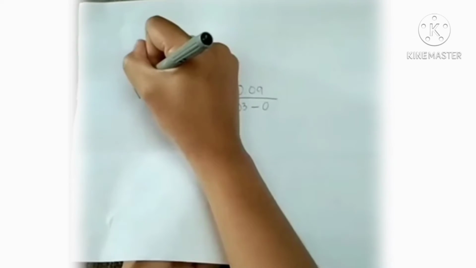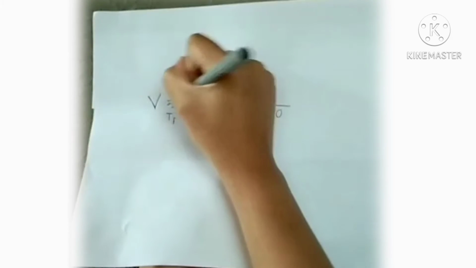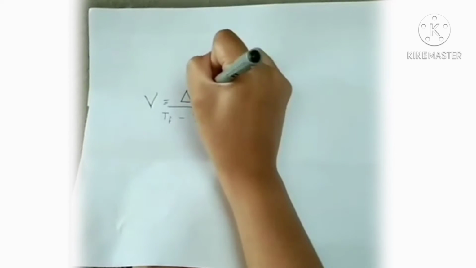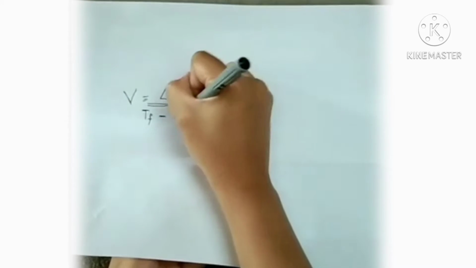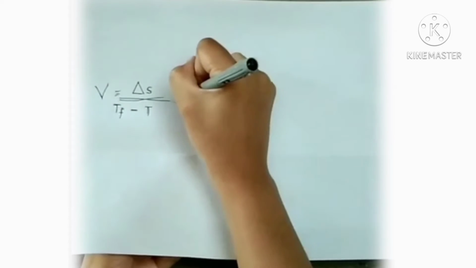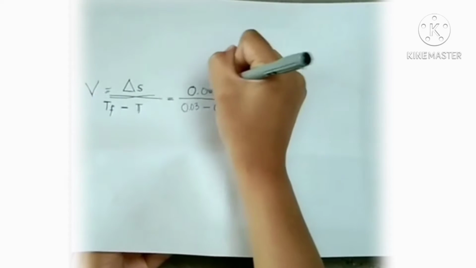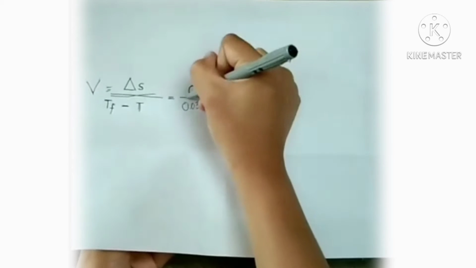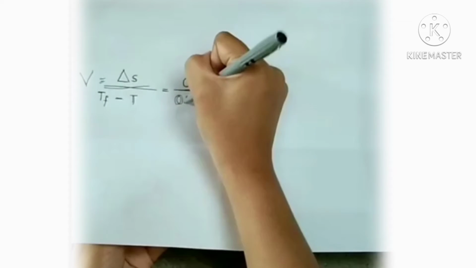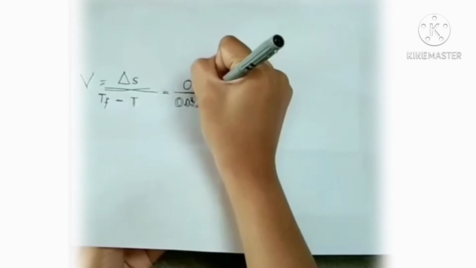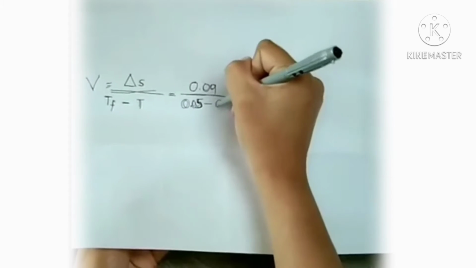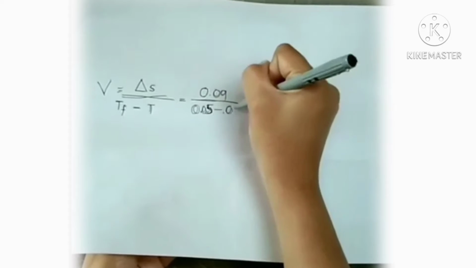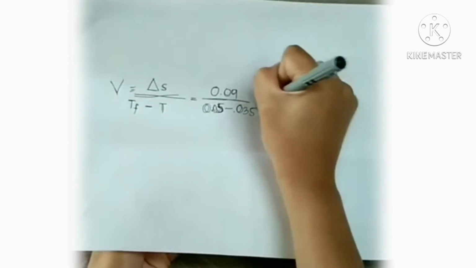The formula of the speed would be v is equal to the distance it travels divided by the final time minus the starting time, which is 0.09 divided by 0.05 minus 0.035.